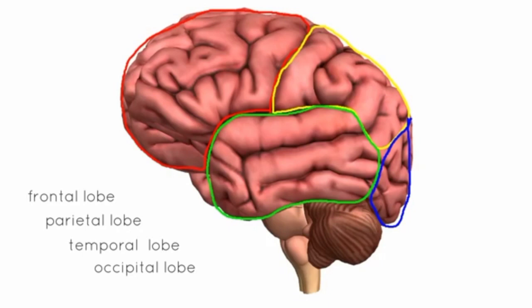So this is quite a rough illustration of the 4 lobes, but I wanted to show you how the central sulcus and the lateral sulcus are important in defining these different areas. So anterior to the central sulcus you've got the frontal lobe, posterior to it you've got the parietal lobe, and then you've got the lateral sulcus, inferior to which you've got the temporal lobe. So the frontal lobe is important in decision making, problem solving and planning.